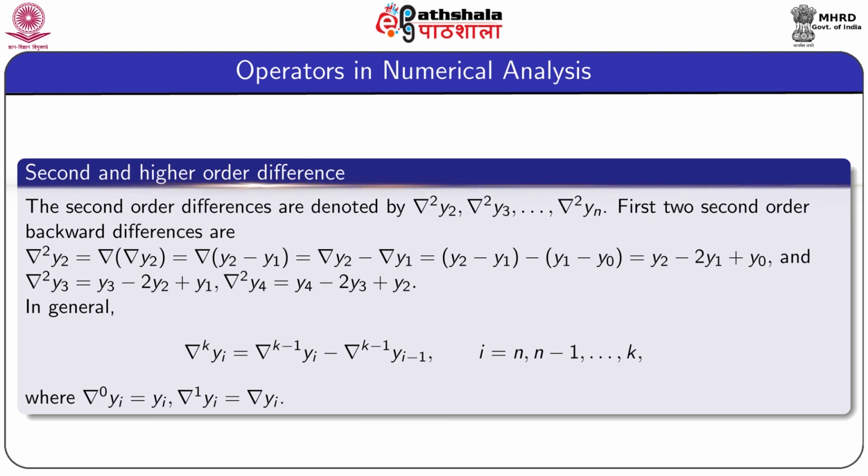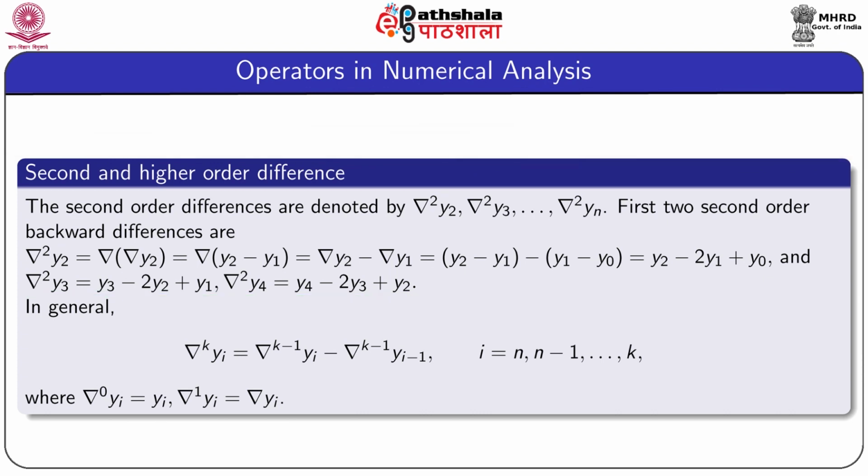The higher order backward differences are also defined here. Nabla 2 y 2 equal to y 2 minus 2 y 1 plus y 0, and this is nothing but delta 2 y 0, and nabla 2 y 3 equal to y 3 minus 2 y 2 plus y 1, this is equal to delta 2 y 1, and nabla 2 y 4 equal to y 4 minus 2 y 3 plus y 2.